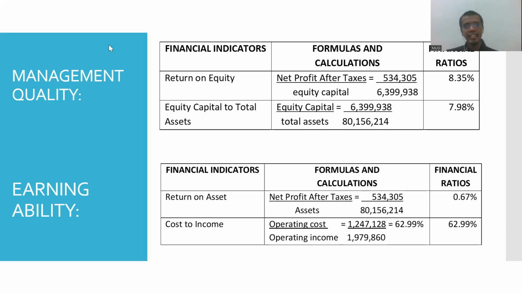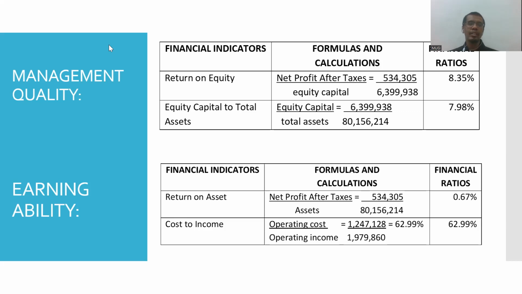Okay, the next ratio is the equity capital to total asset. The formula is equity capital divided by the total asset. As I mentioned previously, the equity capital is 6.4 million, and the total asset is 80.1 million. So the financial ratio is 7.78%.